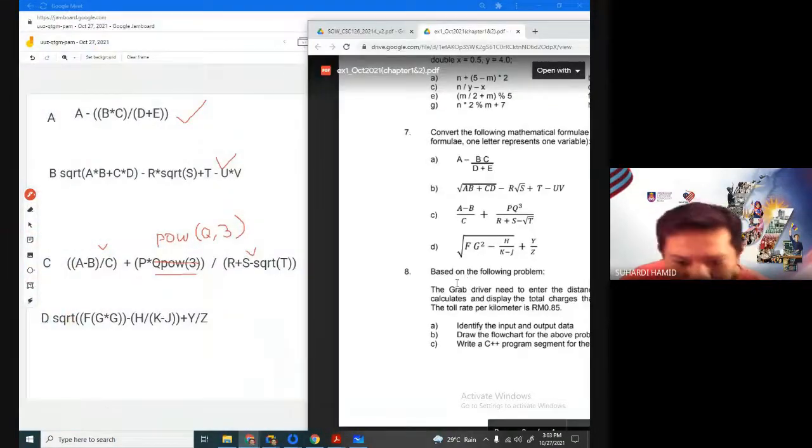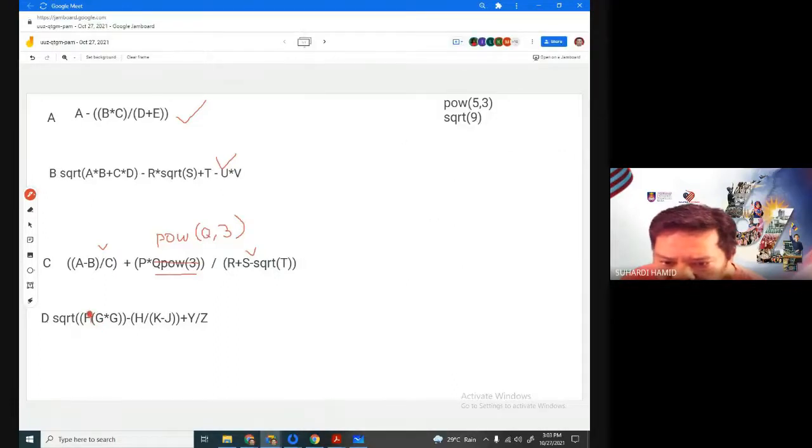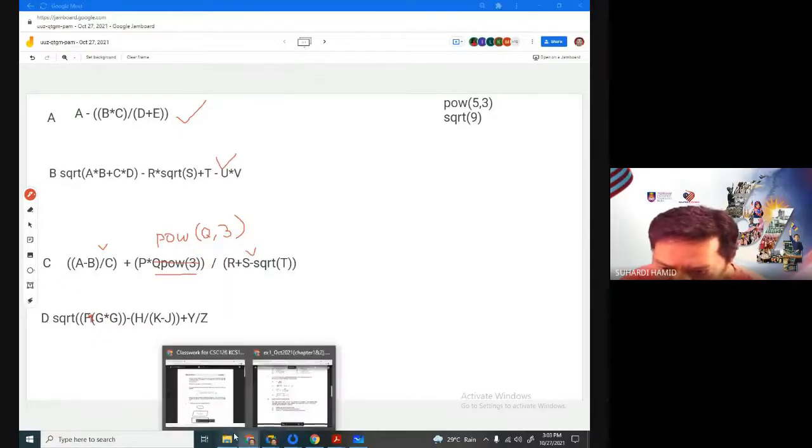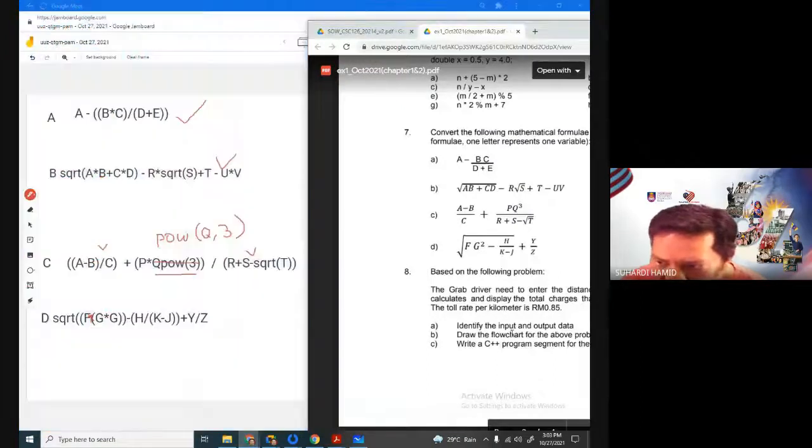And for D, we have square root F. You need to put the multiplication. Multiply by G, multiply by G, that is fine. You can use POW or you can use something similar to this. Either way is fine.